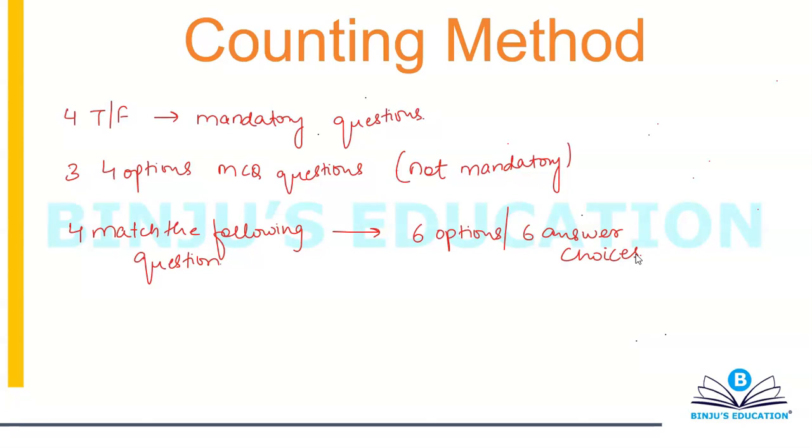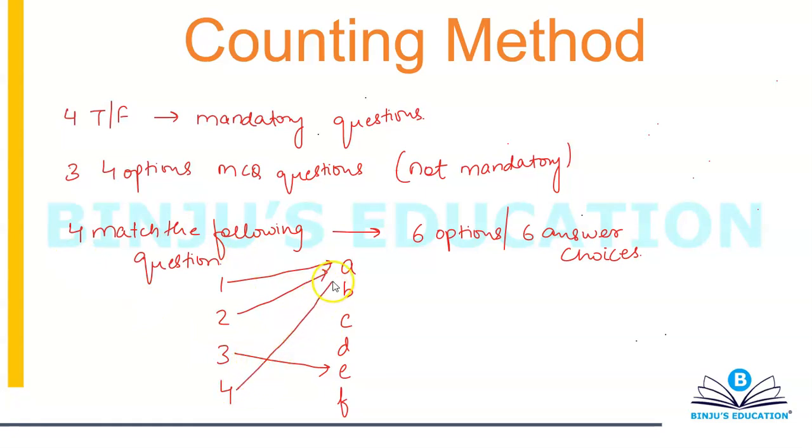What I mean to say is that if, let's suppose, you have 4 questions, 1, 2, 3 and 4, and you have 6 answer choices: A, B, C, D, E and F. So 1 can have an answer as A. It's also possible that 2 can have answer as A, 3 can have answer as E, and 4 again can have answer as A. So one option can be answer to multiple questions.